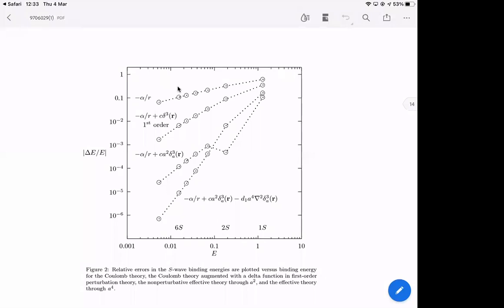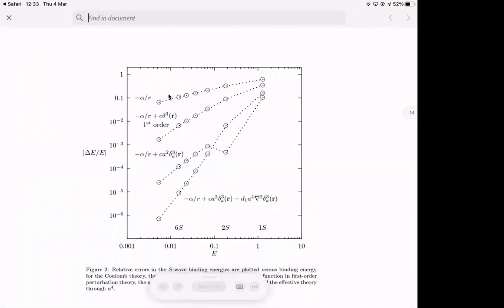Look at this. This is really amazing. Now, the curve here, I don't know if you can see the cursor. I don't think you can see, but the topmost curve is ignoring the hard core altogether. And you get an error that is always greater than, say, 10%, okay? And it becomes of order 1 as you move forward.